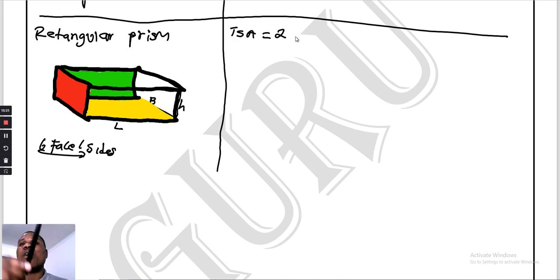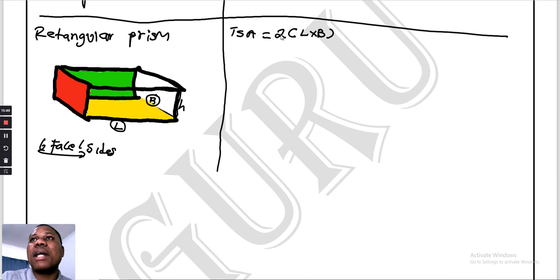Let's start with the bottom one. On the bottom one, we can only see two dimensions, which are the length and the breadth. Which shape is this one? We can see that this shape on the bottom here is a rectangle. And how do we calculate the area of a rectangle? It is length times breadth.